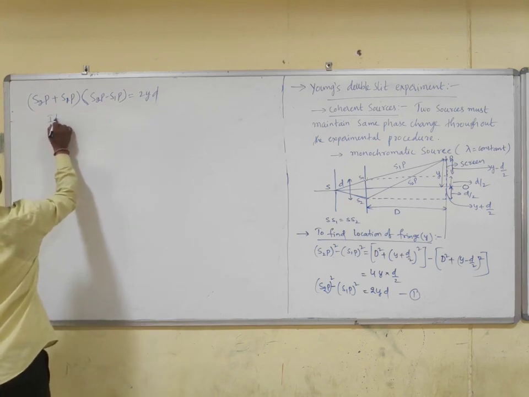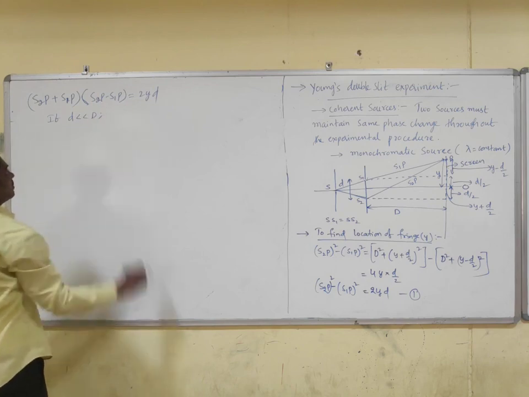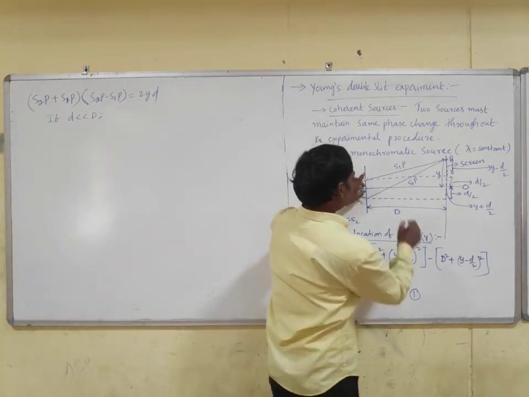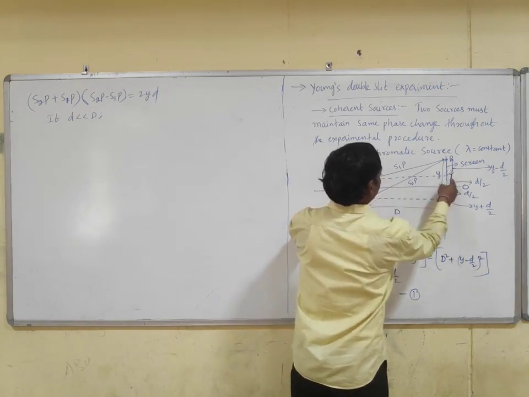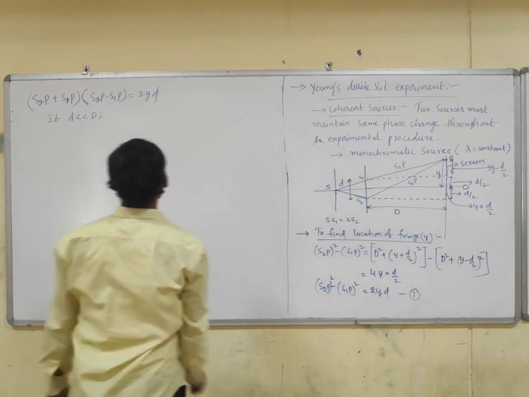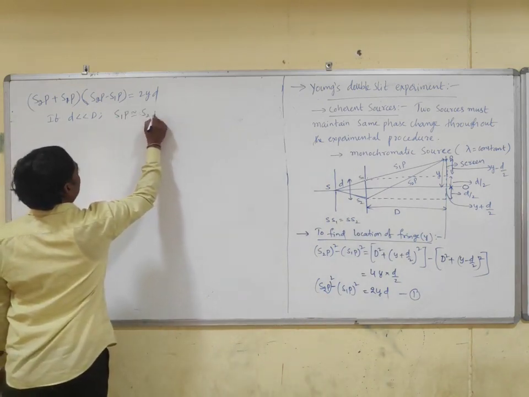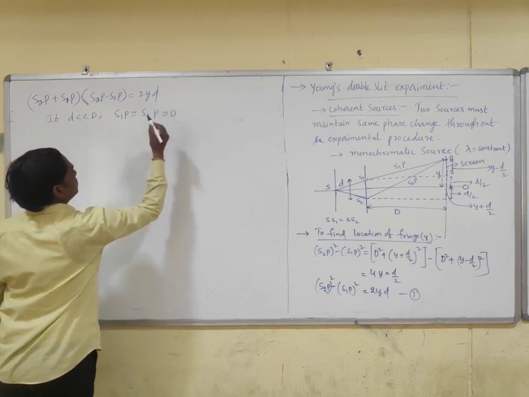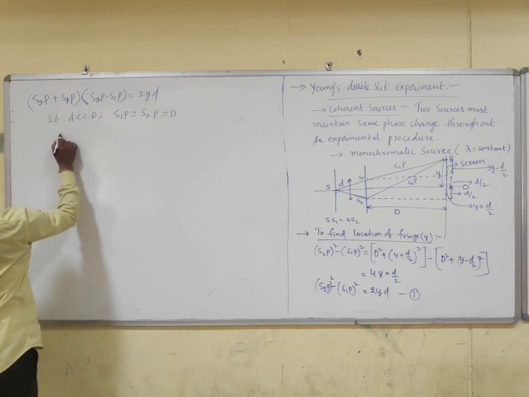Here, if small d is very much less than capital D, that means if d is very much smaller, then if the point P is here, we can think that S1P length is approximately equal to S2P length. So S1P is approximately equal to S2P. So then we can write it as D. So D plus D will become 2D.